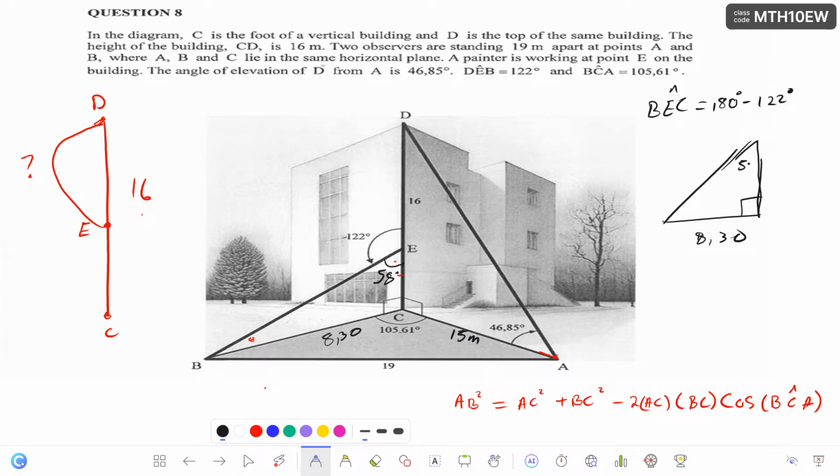We are looking for EC. This side EC is the adjacent of this angle, and this is the opposite. So you're going to say tan 58 degree equals opposite, which is 8.30, over adjacent, which is EC.